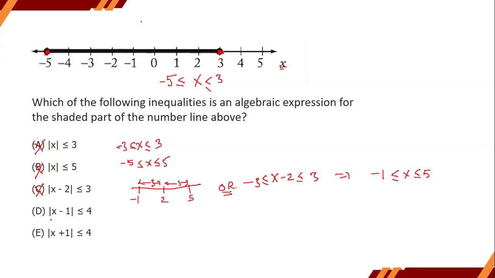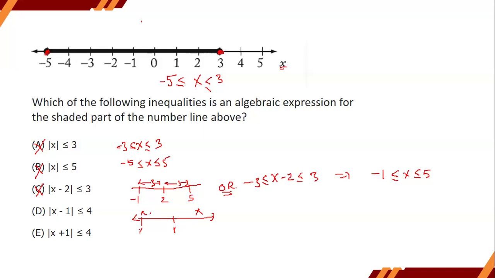let's understand what this answer choice is. This answer choice is the distance between x and 1 is 4 units, right? So the distance between x and 1, if it is 1, and here we have x, and this is x over here, definitely on both sides of 1.